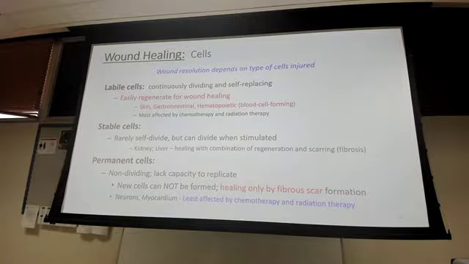But the good thing is that those permanent cells don't rapidly divide, so when we give chemo or radiation, typically you're not going to have any problems with the heart or the brain, because those cells don't divide and aren't being damaged. Once we stop the chemo and the radiation, people's hair will grow back, they'll stop having diarrhea because those cells can regenerate. That's how chemotherapy and radiation work when we're trying to treat cancer.